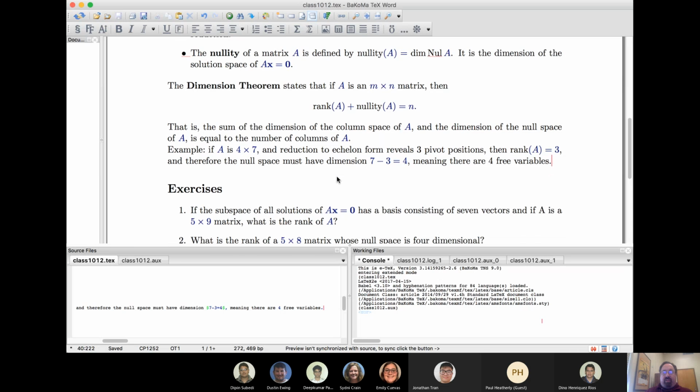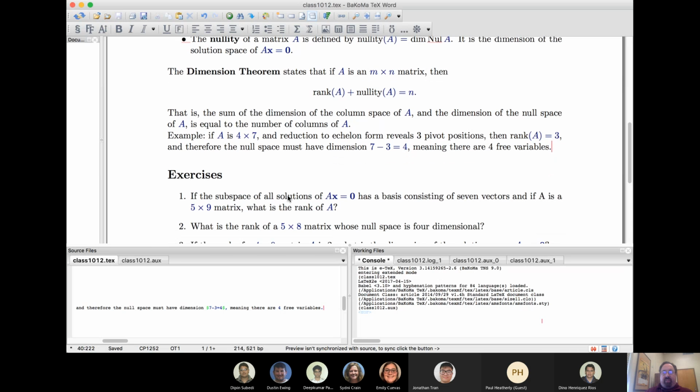So the first problem right here: a matrix A has 5 rows, 9 columns. So the number of columns, 9, is very important, and it's asking for the rank of A based on this fact here.